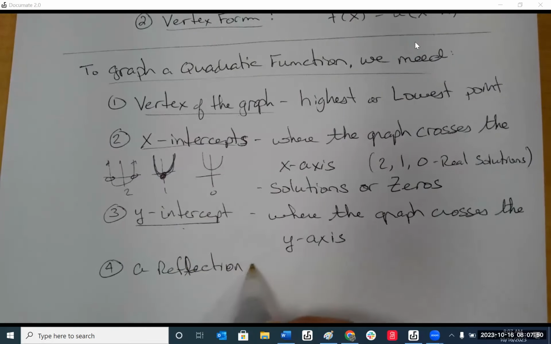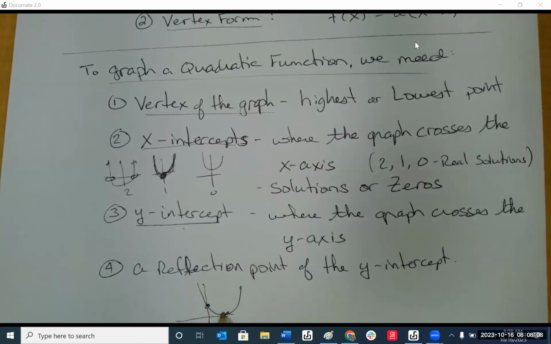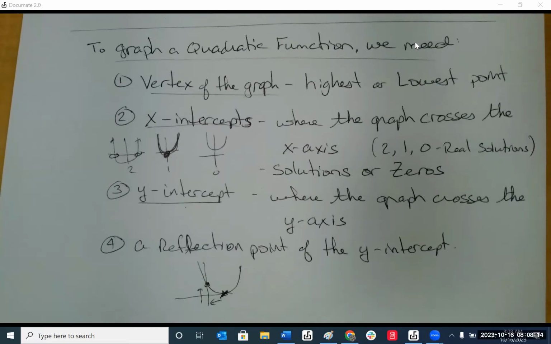The fourth thing is the reflection point of the y-intercept. If here's our vertex down there, then the same distance from the vertex to that point, we should be able to go the same distance the other direction and find a mirror image.